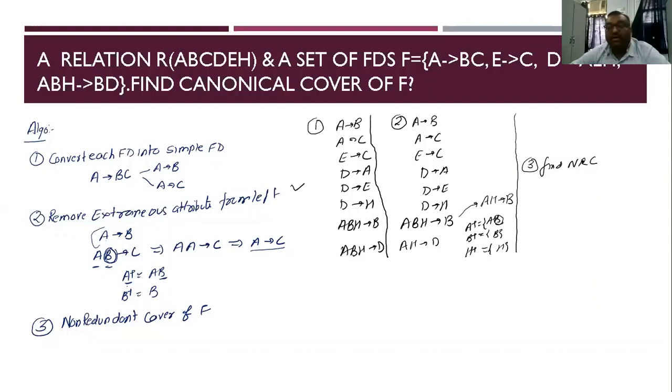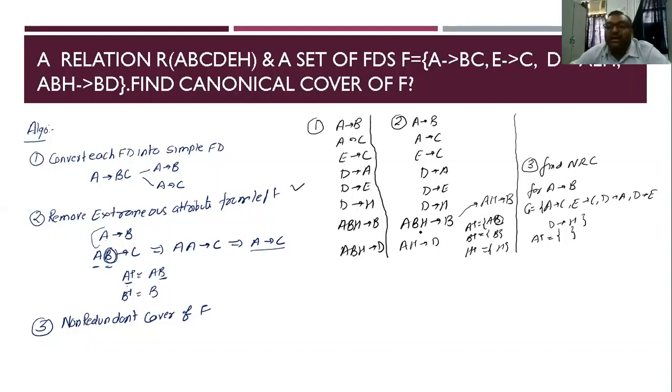For each FD, like for A determines B, the G is A determines C, E determines C, D determines A, D determines E, and D determines H. Then find the closure of A. So like this, find the non-redundant cover of F.